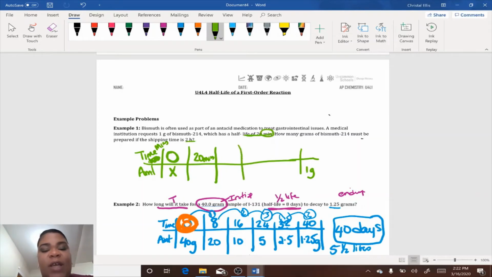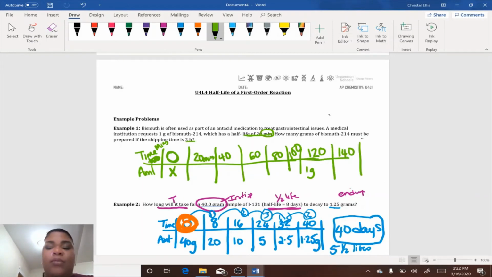Each half-life, you add 20. So it will be 40, then 60, then 80, then 100, then 120, then 140, 160, etc. We want to end at 1 gram.